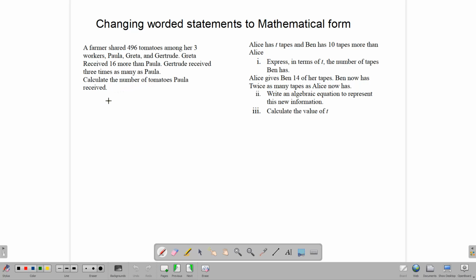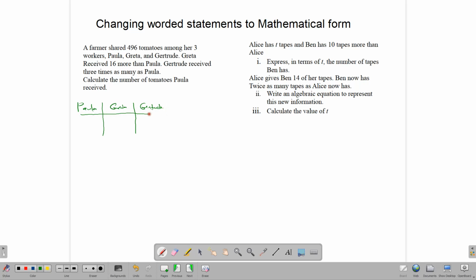So here we're seeing that Paula is being used as the reference. Everybody's tomatoes is being compared to Paula's number of tomatoes. So let's make up a list here. Paula, Greta, and Gertrude.